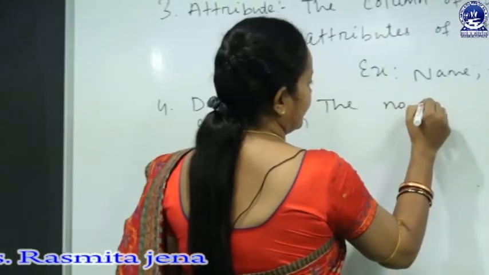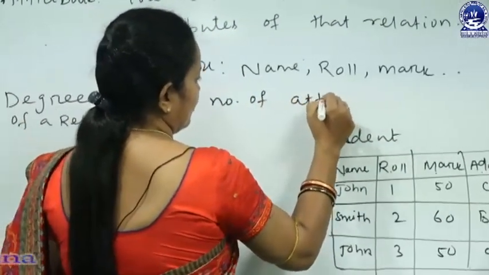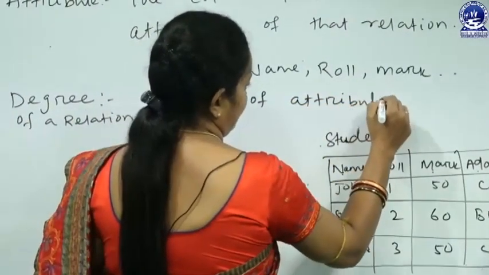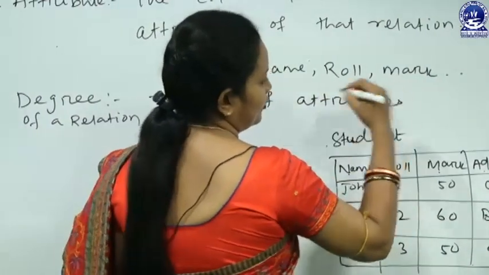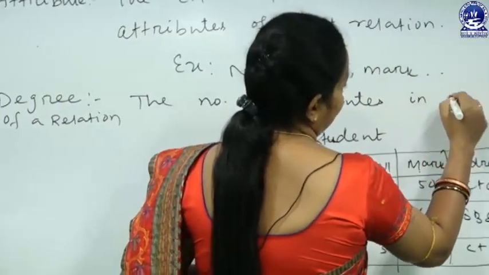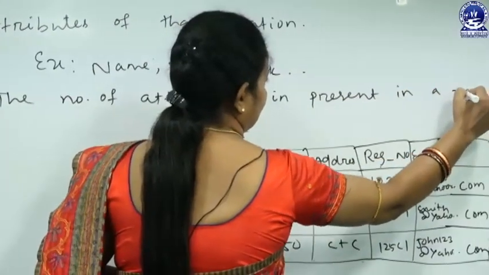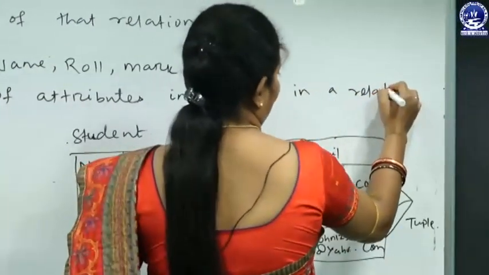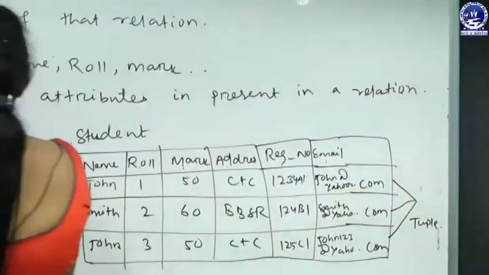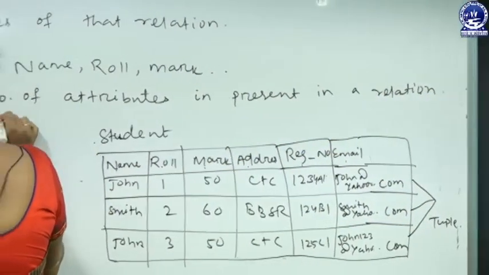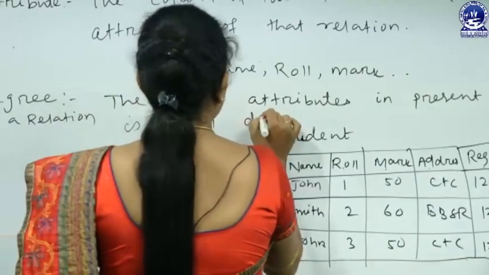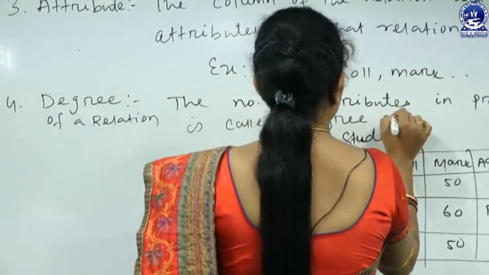The number of attributes present in a relation is called the degree of that relation.